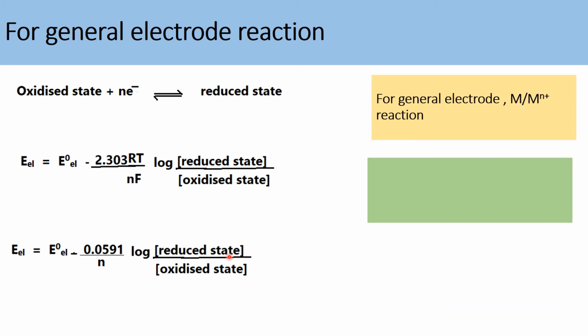For a general electrode metal ion reaction, the Nernst equation is given here.